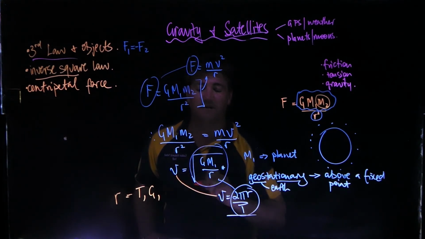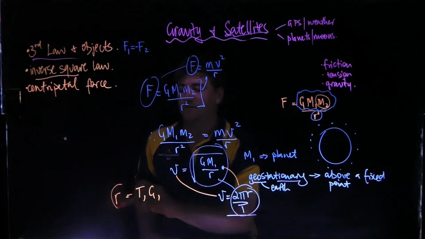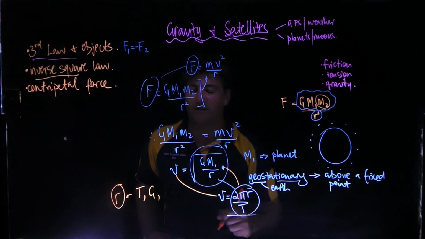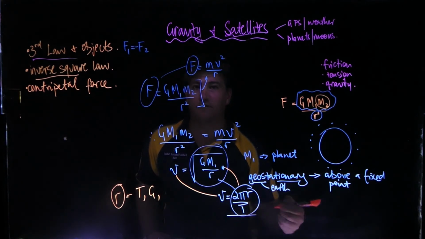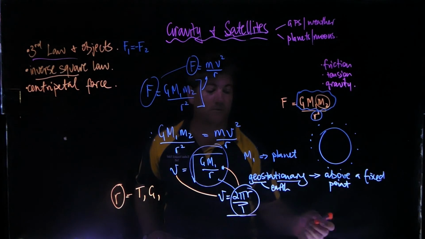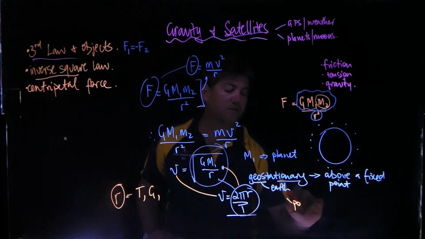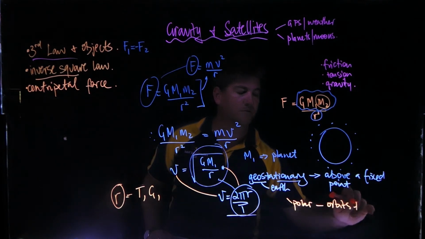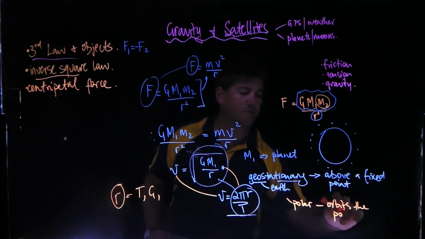Unite these two things. The v will disappear because these two things are the same, and you'll come out with an expression r equals something. That can be used to calculate the radius of orbit of any sort of satellite, geostationary ones, or the other kind, a polar one, which orbits the poles, North and South Pole.